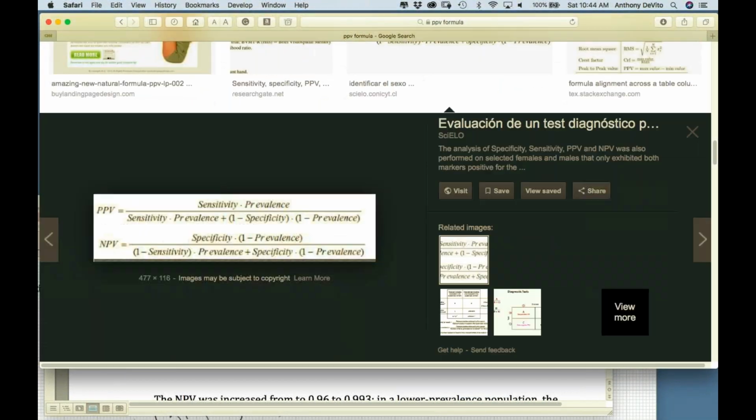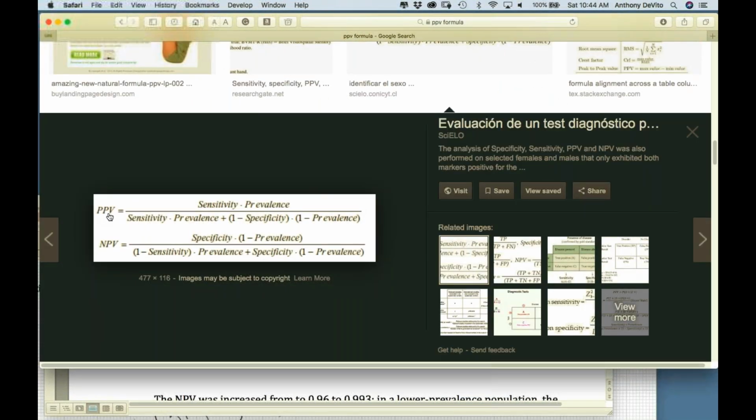Here you go. In this formula, you can calculate the positive predictive value if you know the sensitivity, the prevalence, and the specificity of the test. It's a little hinky. You've got to be careful, right?